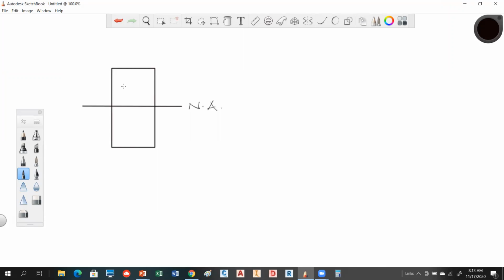It would be right in the middle from the top to the bottom, okay? Another way of looking at your neutral axis is that it's the same thing as the centroidal axis for a rectangular shape. When you get into complex shapes, that centroidal axis may shift a little bit up or down, okay? So that would be your neutral axis.